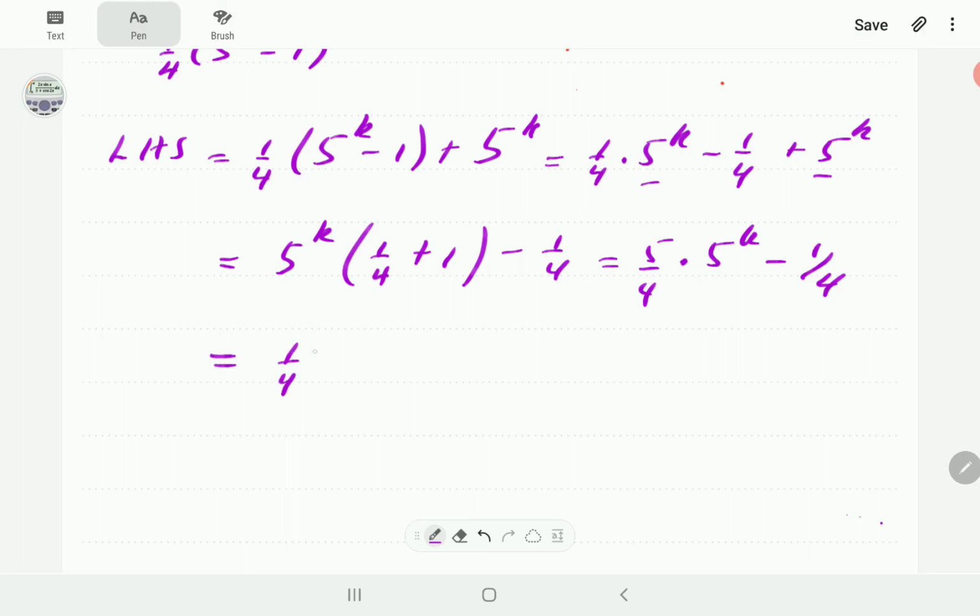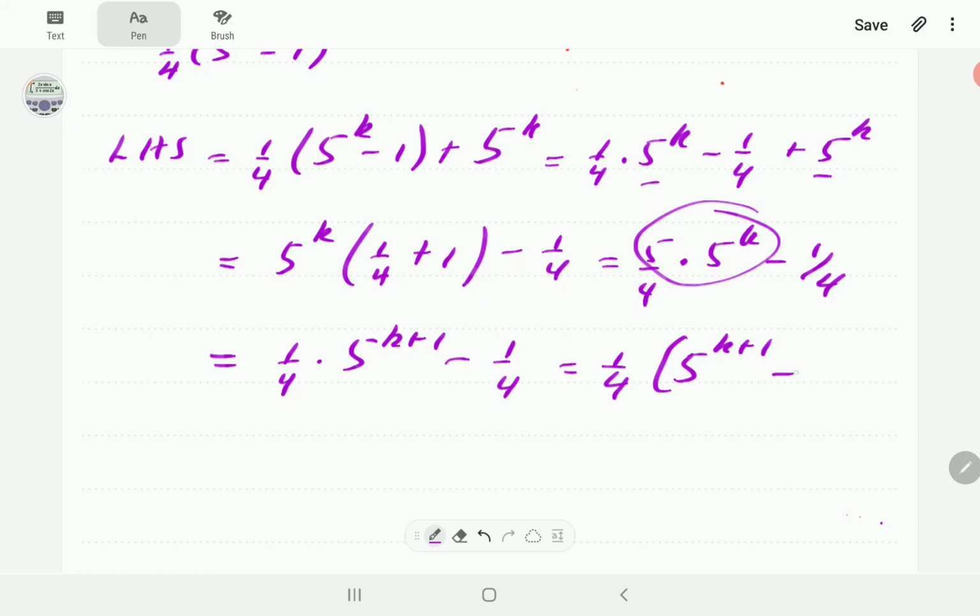So this is 1 over 4 times 5 to the power k plus 1. These two we can combine because they have the same base. So this is 5 to the power k plus 1 minus 1.